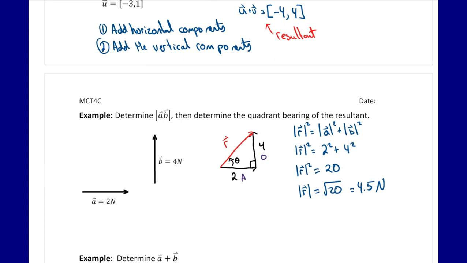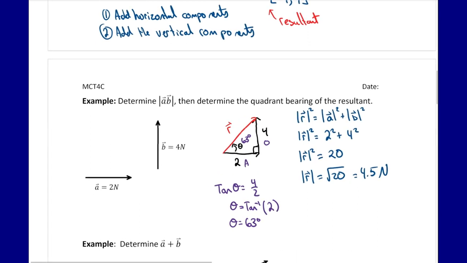The trig ratio that deals with opposite and adjacent is tan. So tan theta is equal to O over A, or 4 over 2. I bring the tan over, so tan inverse of 4 over 2, or 2, is equal to theta, and I get that theta equals 63 degrees. So this angle is 63 degrees.